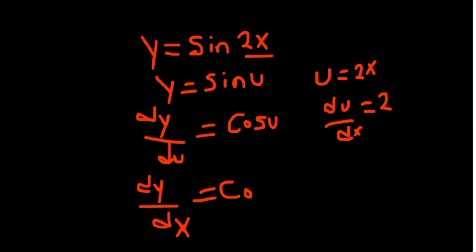We bring back our u, so it will be cosine u. Our u we know is 2x, and of course we multiply it by 2. So when you multiply by 2, we're going to have 2 cosine 2x.